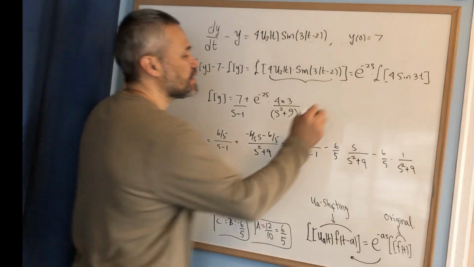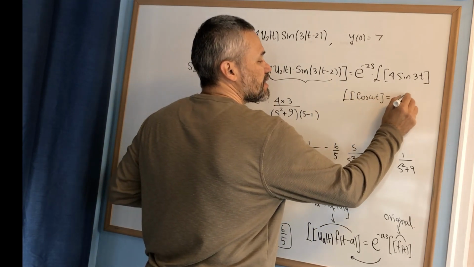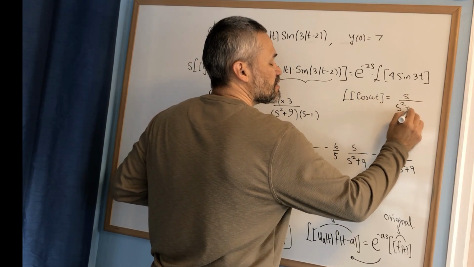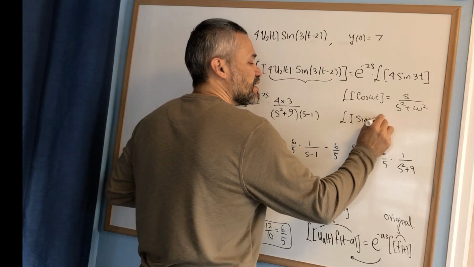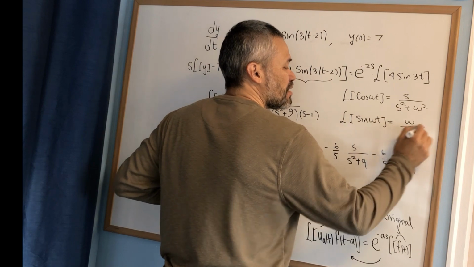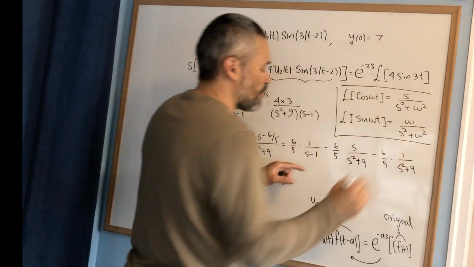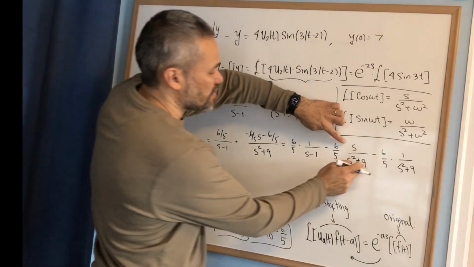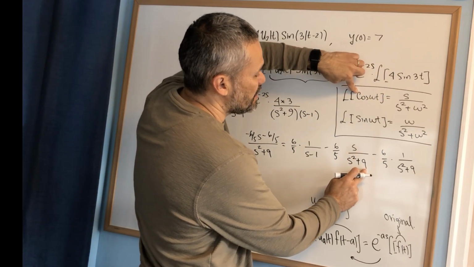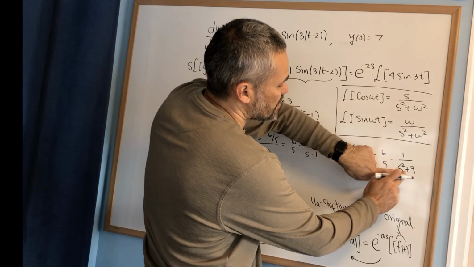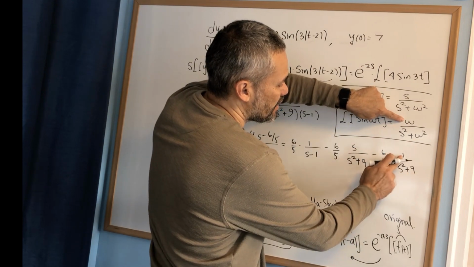But we know that the Laplace transform of cosine of omega t is s over s squared plus omega squared, and the Laplace transform of sine of omega t is omega over s squared plus omega squared. We have these two formulas. We need to rewrite this. Notice that this part is ready. This part, s over s squared plus 9, is the Laplace transform of cosine of 3t, but this part is not ready yet. We have s squared plus omega squared, which means that omega is 3, so we need to have a 3 here instead of a 1.